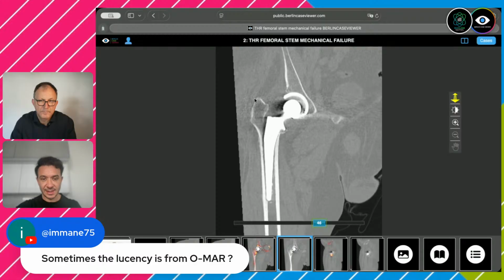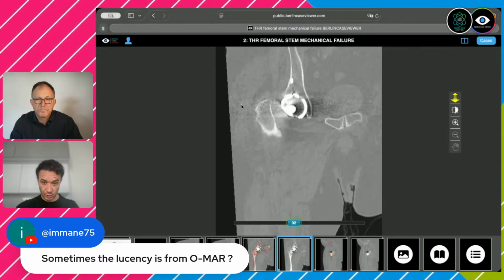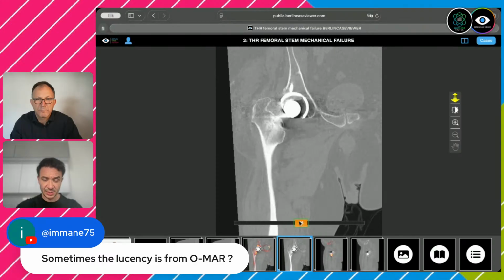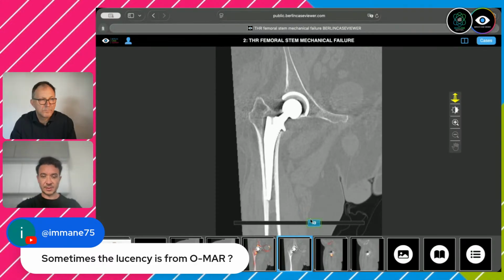So if, let's say, we have the most superior part of the greater trochanter over this region and the most superior part of the shoulder stem of the prosthesis over this region, and if you measure this distance, if it's around 2 to 5 millimeter, usually this is normal. If it's more than that, this is highly suggestive of subsidence. But this is sensitive, it's not specific. You need to look at the previous radiographs.